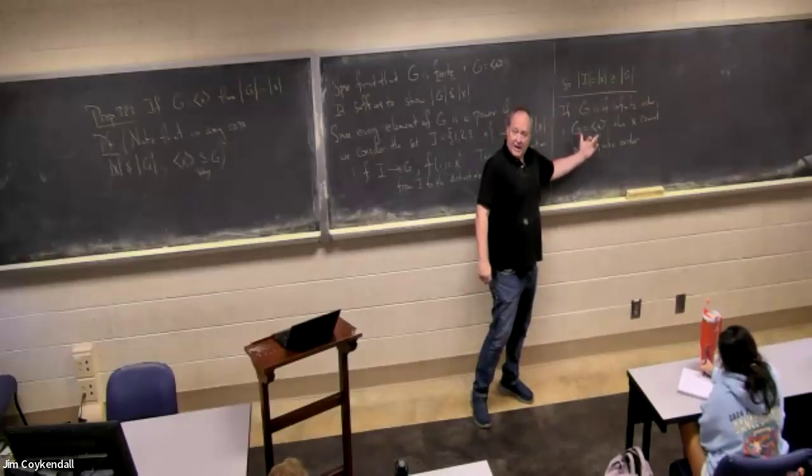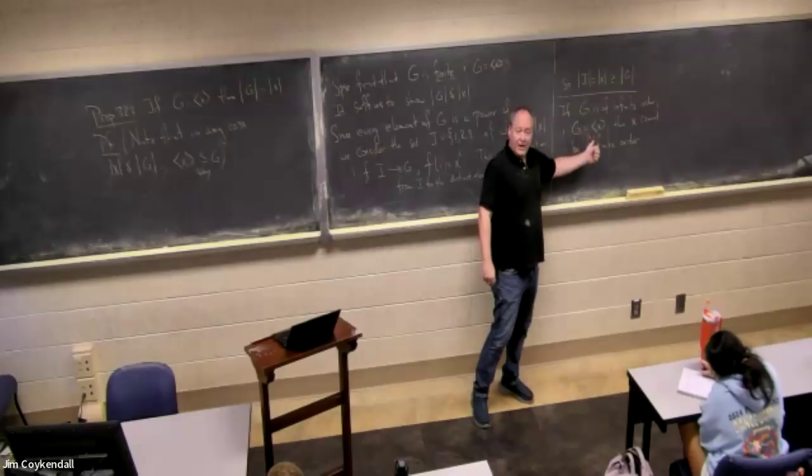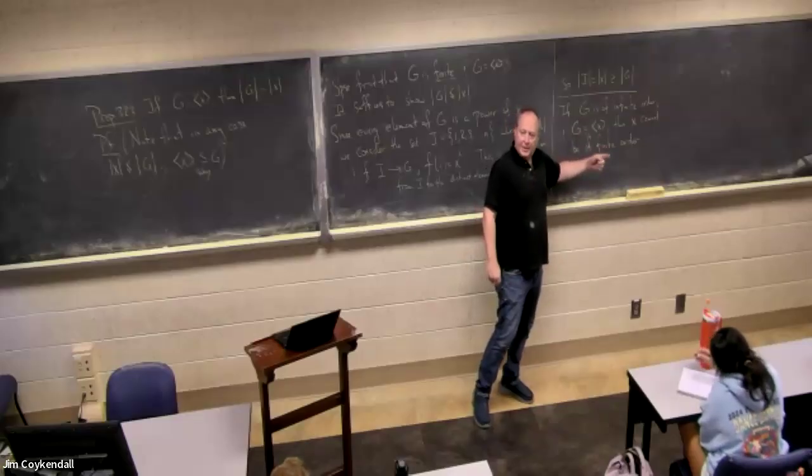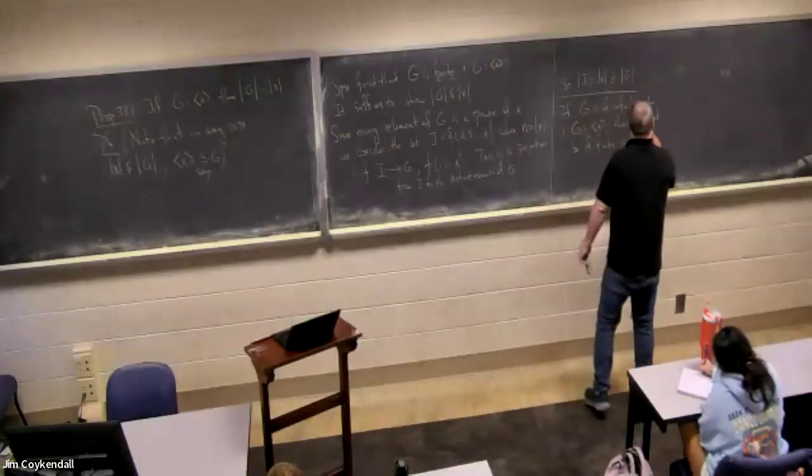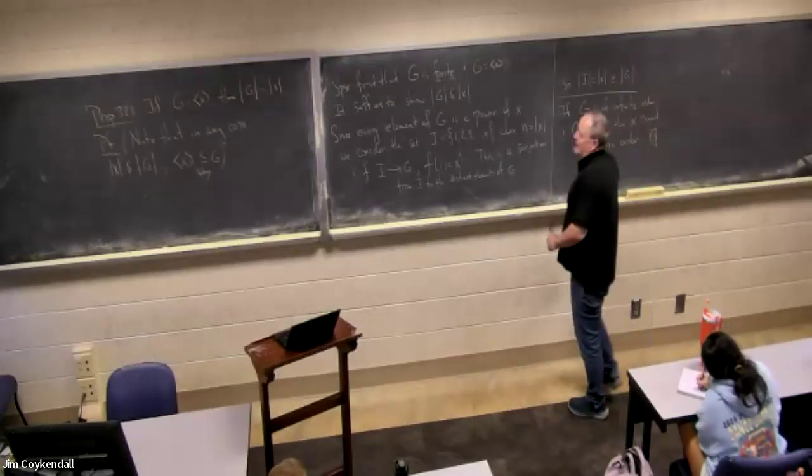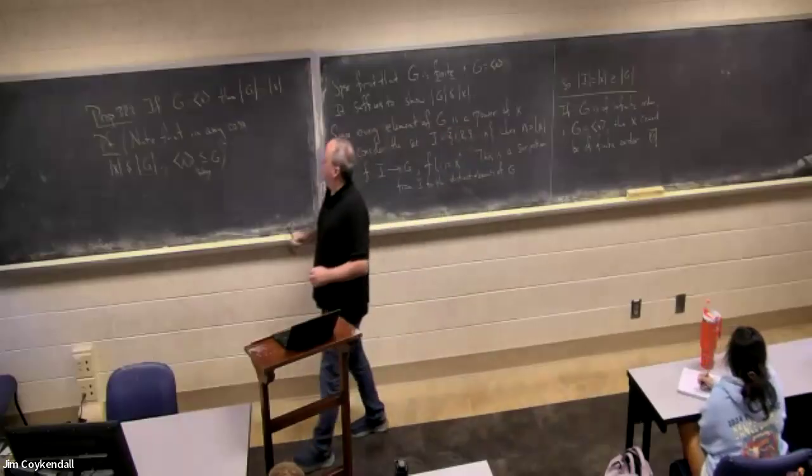Because everything in G is a power of X, but if X has finite order, it only produces finitely many things and starts over. Right? So that gives us the proposition we want.